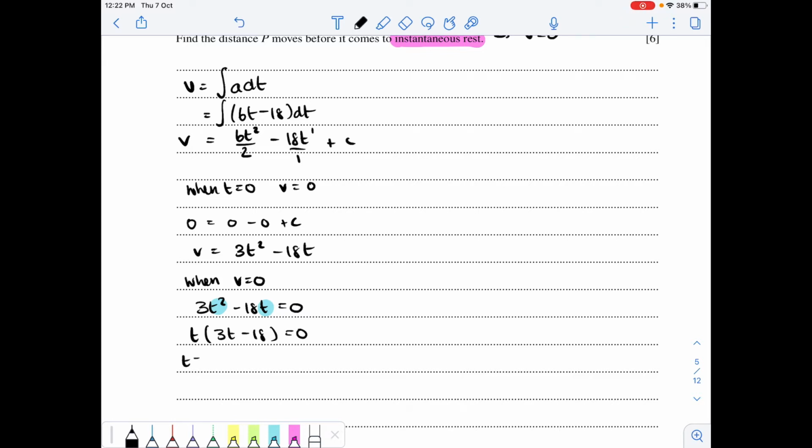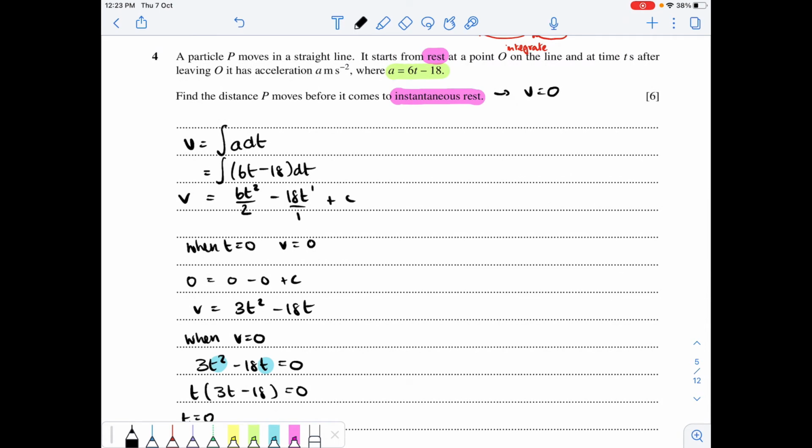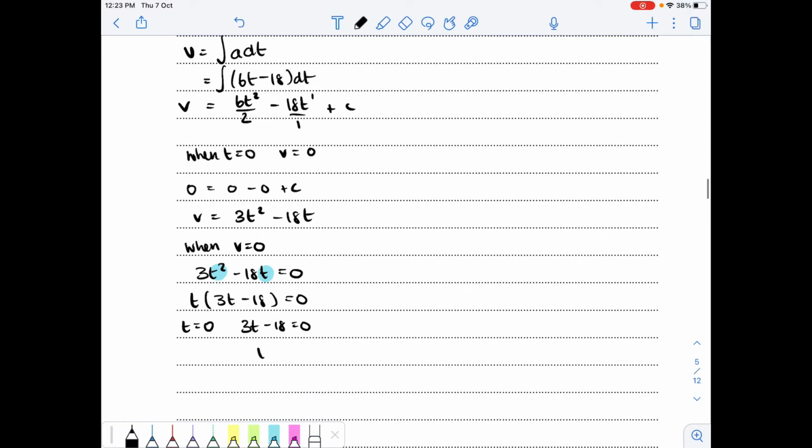So therefore t is equal to 0, which we could gather from the fact that it starts from rest, therefore at time 0 it wasn't moving. And we can also say 3t minus 18 must be equal to 0. And so t must be equal to 18 divided by 3, which is 6.